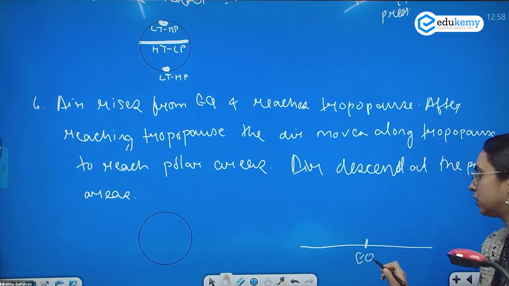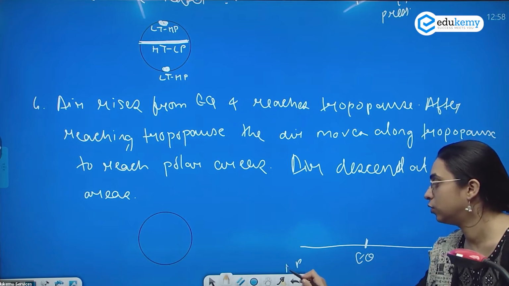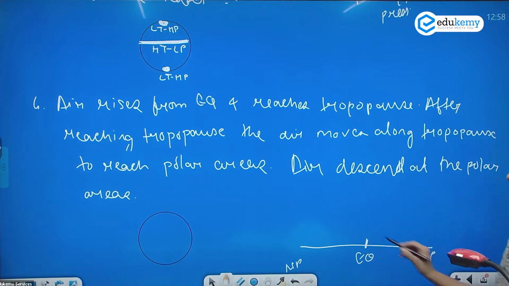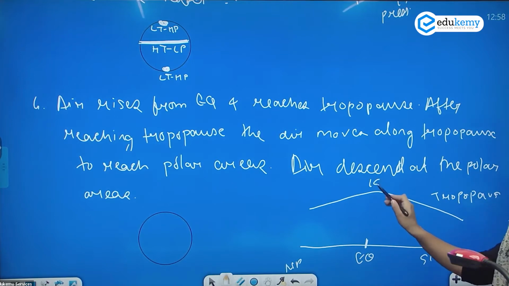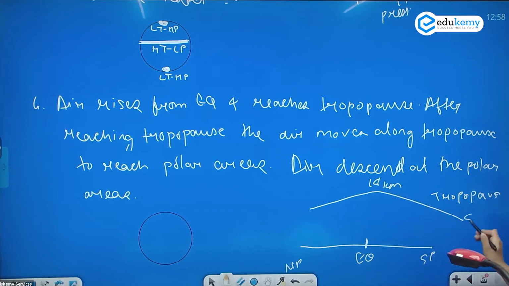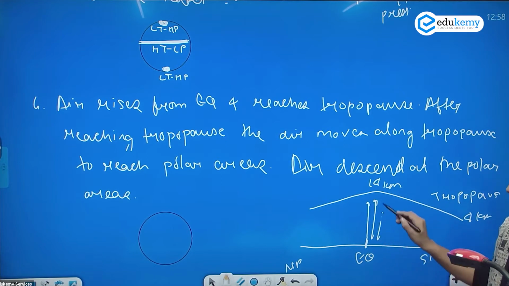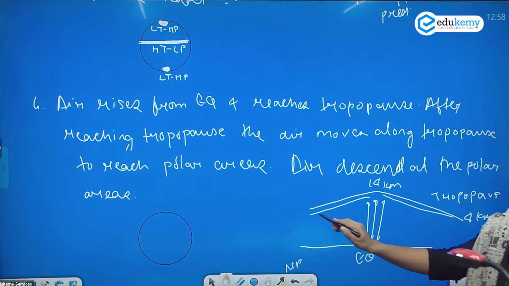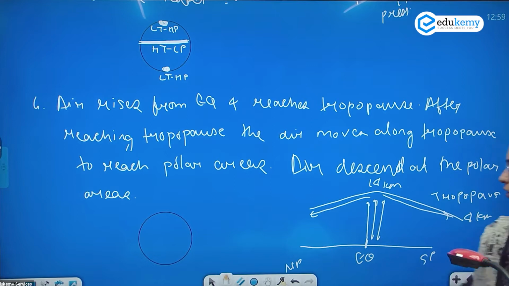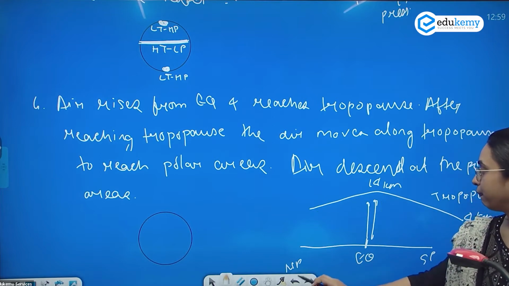You can draw this figure: equator, north pole, south pole. You have this as the tropopause. Here you have 18 kilometers, here you have 8 kilometers. Here the air is being heated and rising. It is moving along the tropopause as it reaches the polar areas. I will draw with a different color pen.